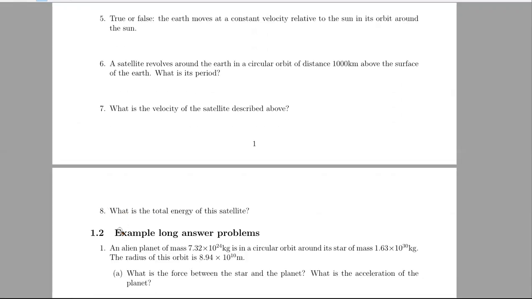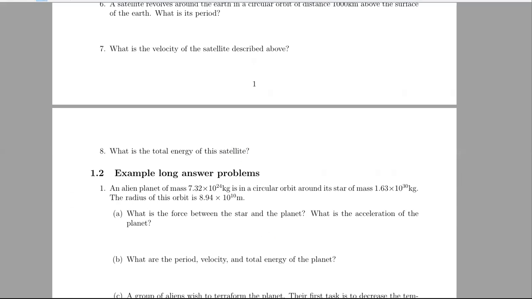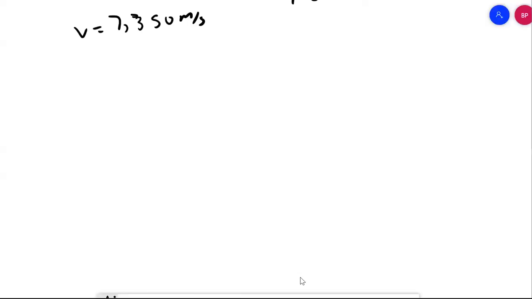Okay, now we also want to know the total energy of the satellite. So remember, the energy of any object is equal to its kinetic energy plus its potential energy. We know kinetic energy is 1/2 our mass times our velocity squared. And our gravitational potential energy has this form.